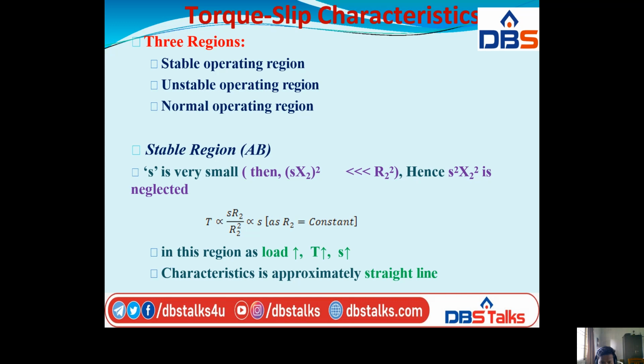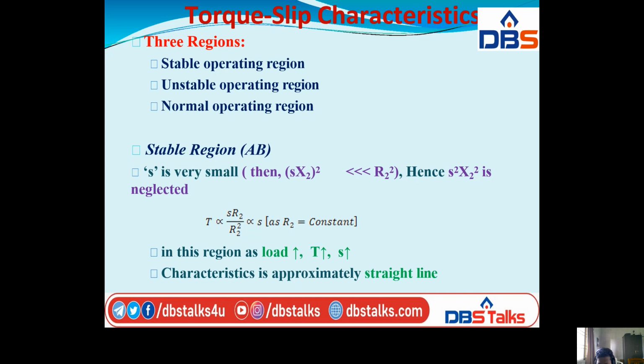The torque-slip characteristic contains three regions: stable region, unstable region, and normal operating region. In the stable region, S is very small, therefore S X2 square is also very small, less than R2 square. That is, R2 is very high and the S X2 term is very low, so compared to R2, the S X2 term is neglected.